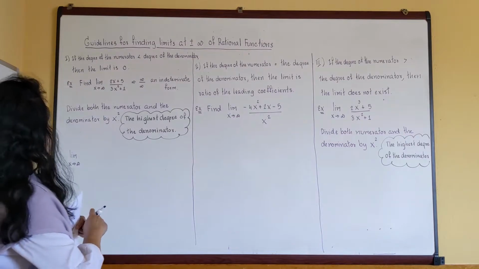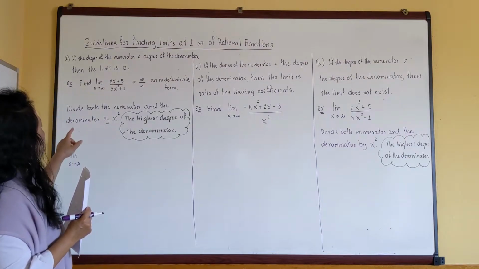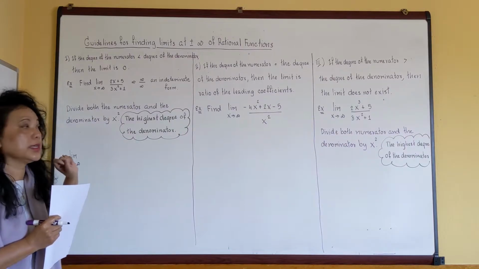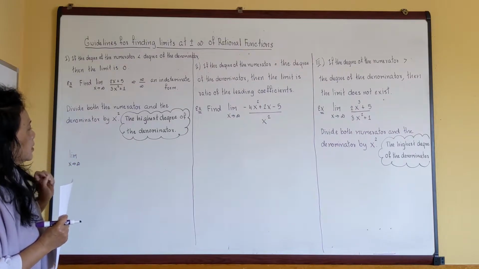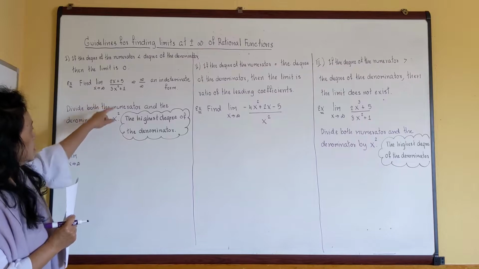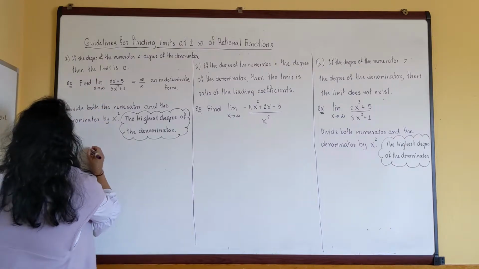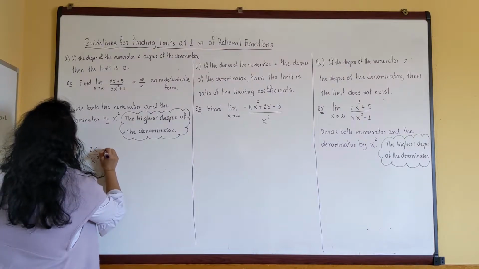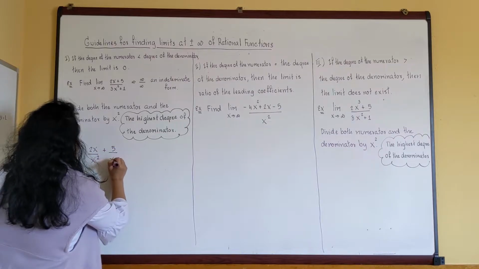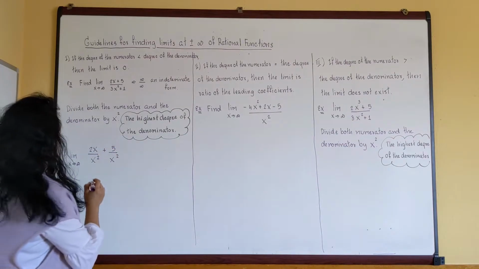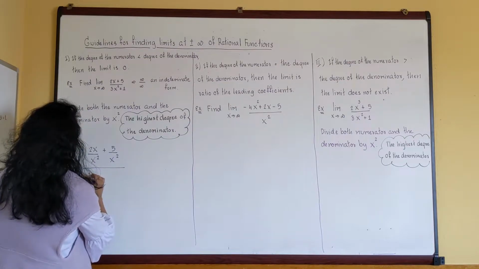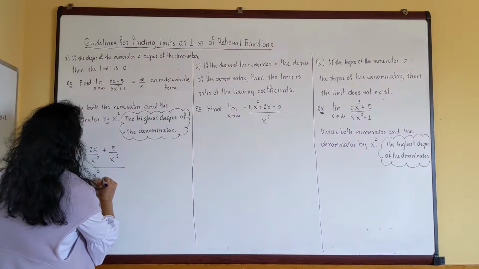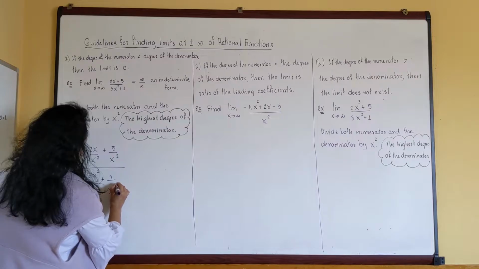Let's look at this function. I'm going to divide both numerator and denominator by x squared. Usually I like to divide by the highest degree of the denominator, which is x squared. So I would have 2x over x squared plus 5 over x squared for the numerator. Now for the denominator, I would have 3x squared over x squared plus 1 over x squared.